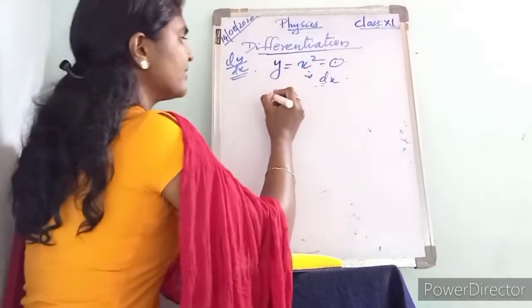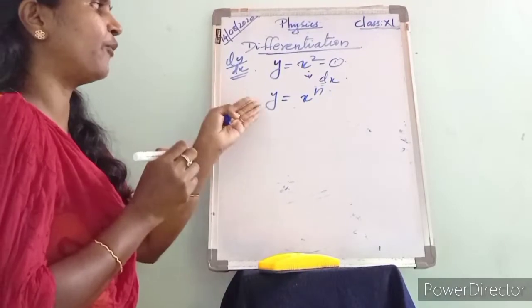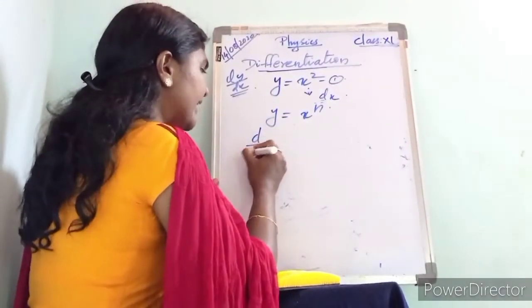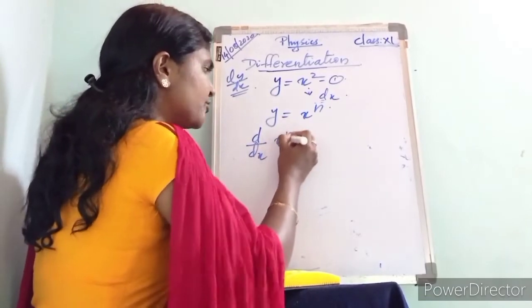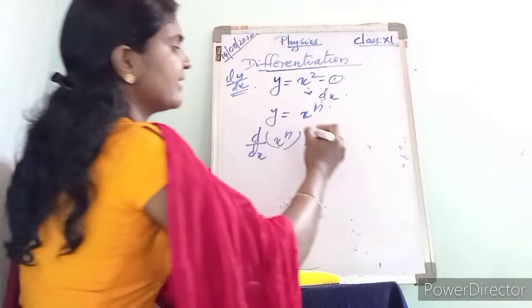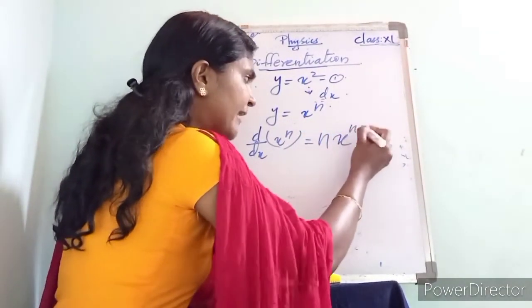Suppose y equal to x raised to n, then we can write d by dx of x raised to n as n into x raised to n minus 1.